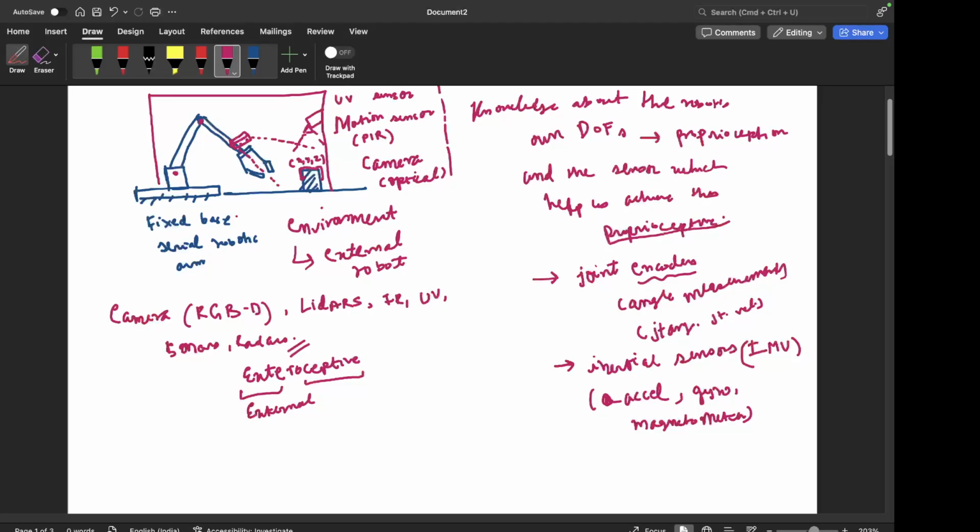The exteroceptive sensors come later. In case of an arm, the basic function of the arm is to move its joint reliably, right? Even if it's not doing a pick and place operation. Let's say I want my arm to move 5 degrees in the first joint, 10 degrees in the second joint, and it's able to achieve, let's say, 4.9 degrees and 9.9 degrees, or even better, right? That is the first target, and for that, a proprioceptive sensor, that is a joint encoder, would be needed.